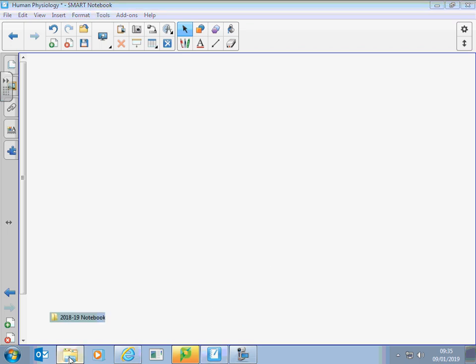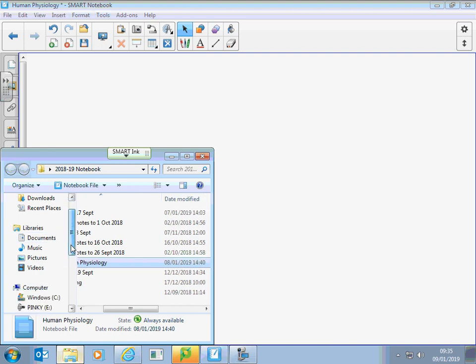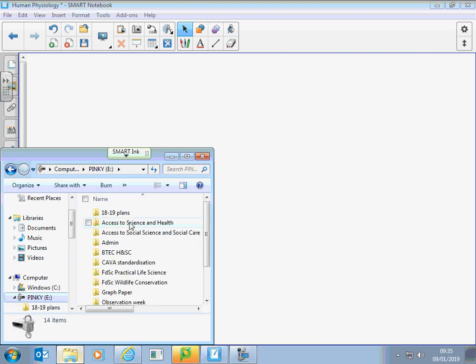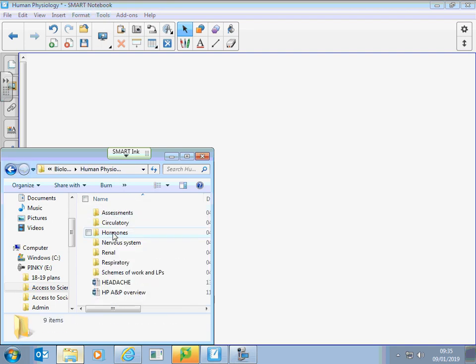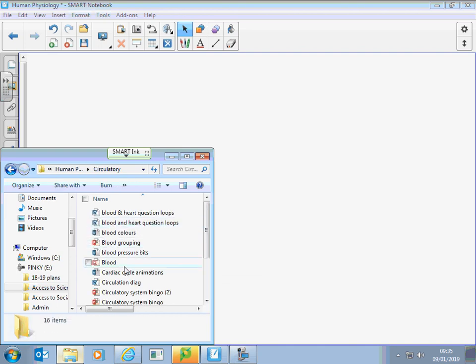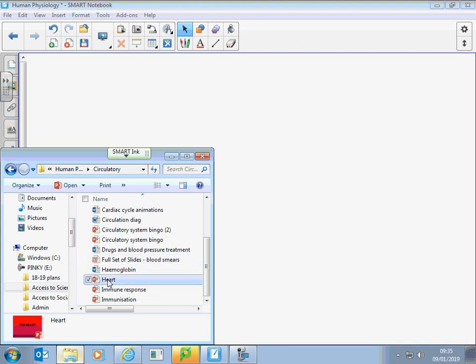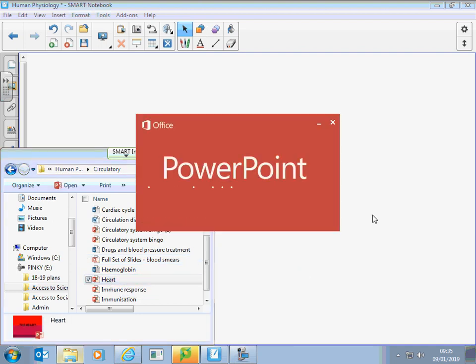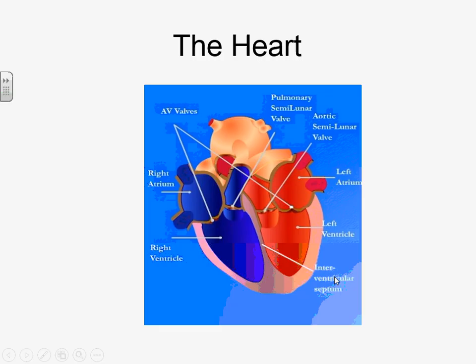I think I put the whole set of useful PowerPoints onto Moodle, under Circulatory, Heart. You haven't got this, but it will just lead us in. I really ought to put the graphs onto the back end of this.